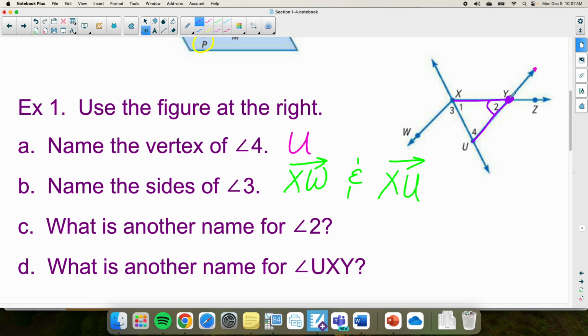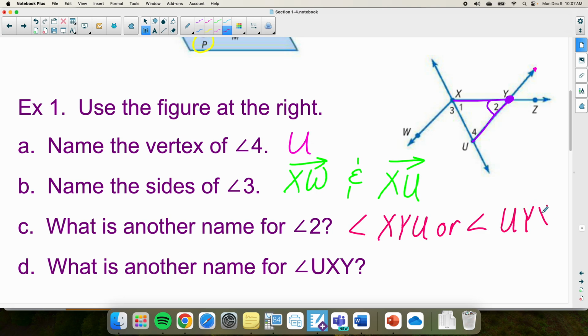No, because isn't there like 4 different angles that have Y as the vertex? We have to use 3 letters. So again, when I do that, I could say angle XYU or angle UYX.